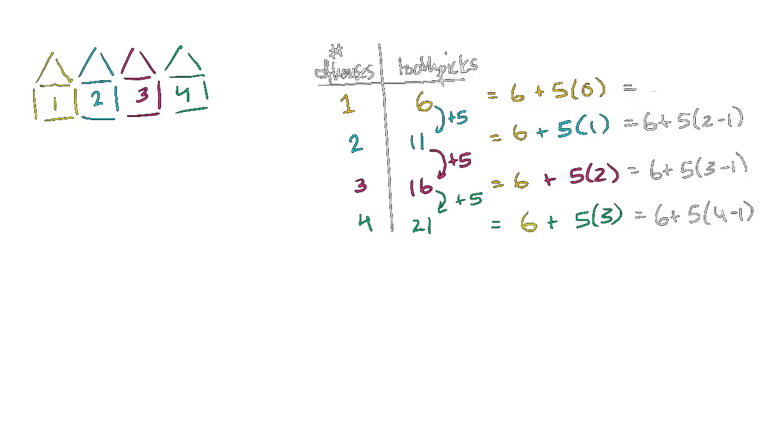You could rewrite this as 6 plus 5 times 1 minus 1. And maybe that makes the pattern a little bit clearer. This 4 is right over here. This 3 is right over here. This 2 is right over here, and then this 1 is right over here.